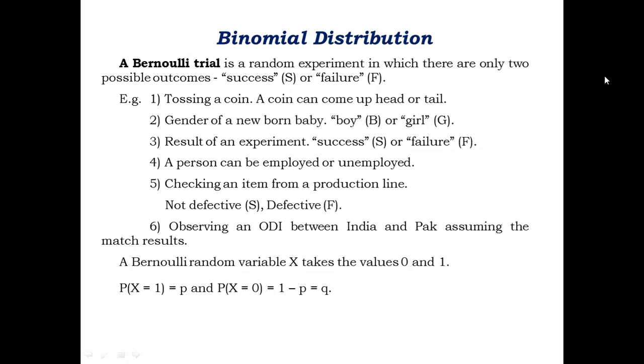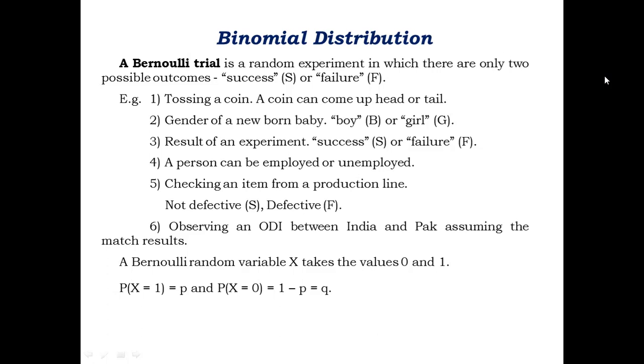In case of discrete, as such, the list is quite large in case of continuous type of probability distributions. If a random variable is taking either finite or countably infinite number of values, then it is said to be a discrete random variable. If it is taking uncountably infinite values, then it is said to be a continuous type of random variable. Now, before stating what a binomial distribution is, we have to understand a Bernoulli trial.